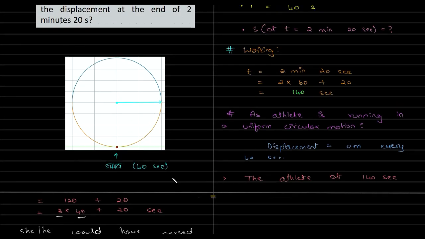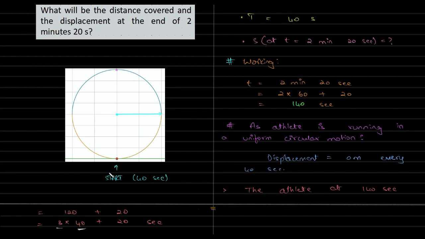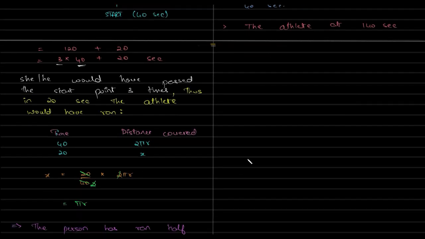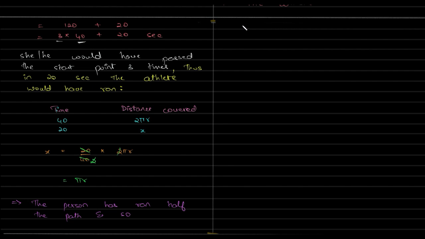If the person has run half the path, the person is over here, the displacement would be equal to the diameter. That's it. Displacement would be equal to the diameter. So this would be 200 meters.